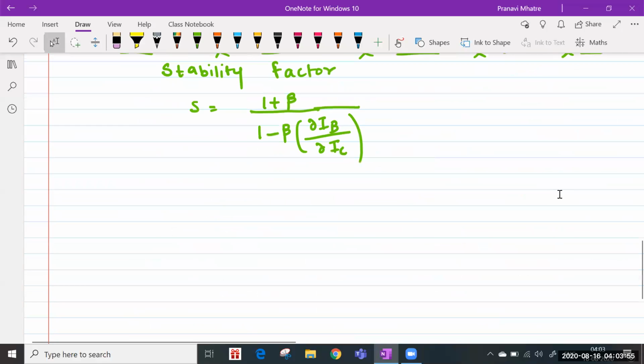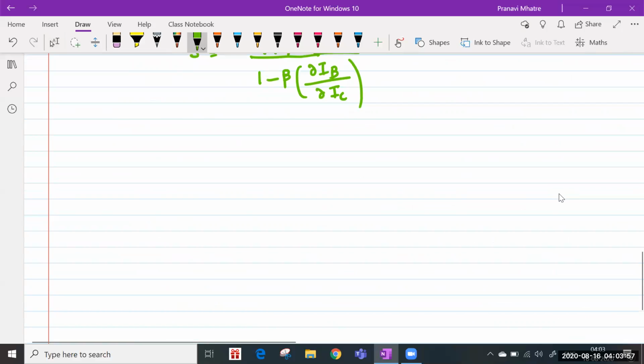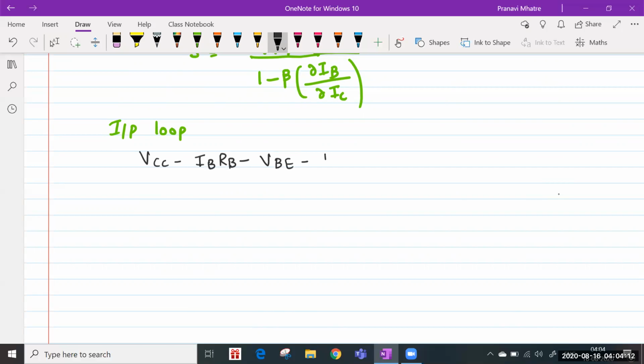I'll write down that loop again. My input loop, which is equal to VCC minus IBRB minus VBE minus IERE is equal to 0.